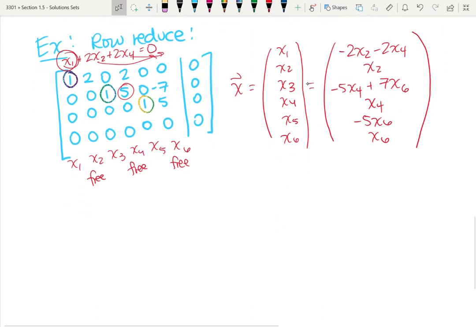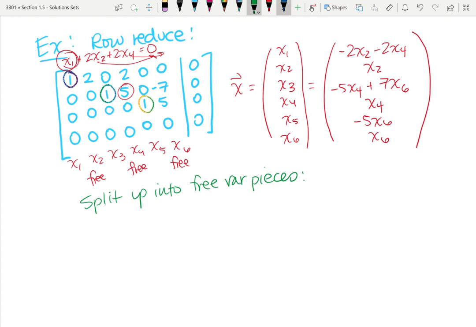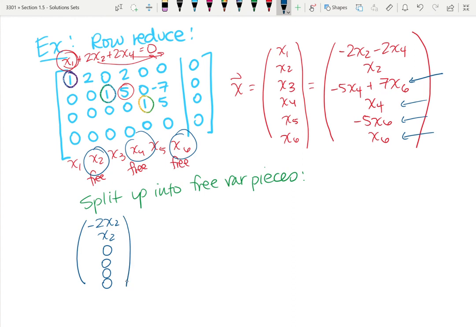All right, so what you do when there's more than one free variable is you split up into your free variable pieces. For us, we have x2, x4, and x6. So I'm going to split this up into all of the x2 pieces. Negative 2x2, x2. In this third entry, there's no x2s, and for the last 4, there's no x2s. And then we need the x4 piece.